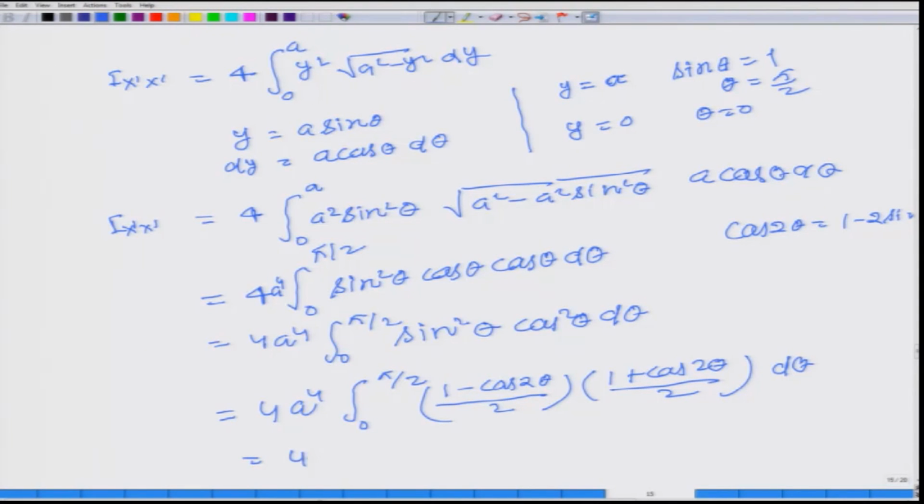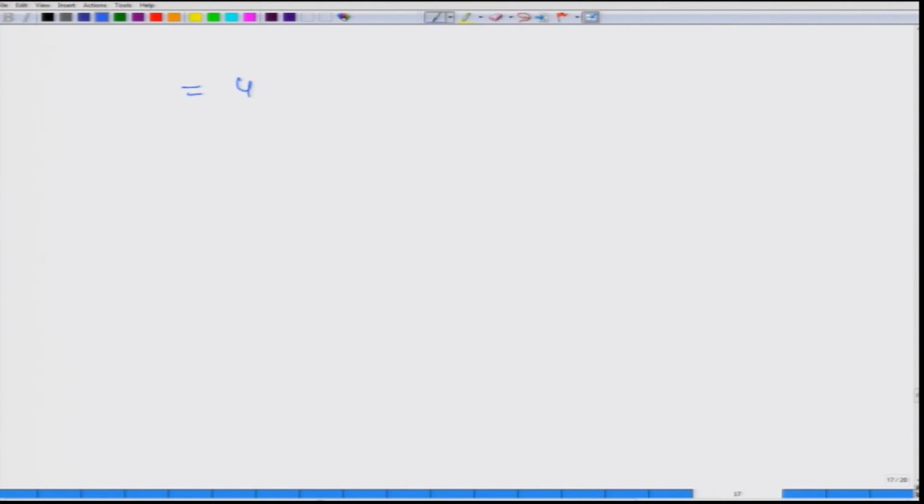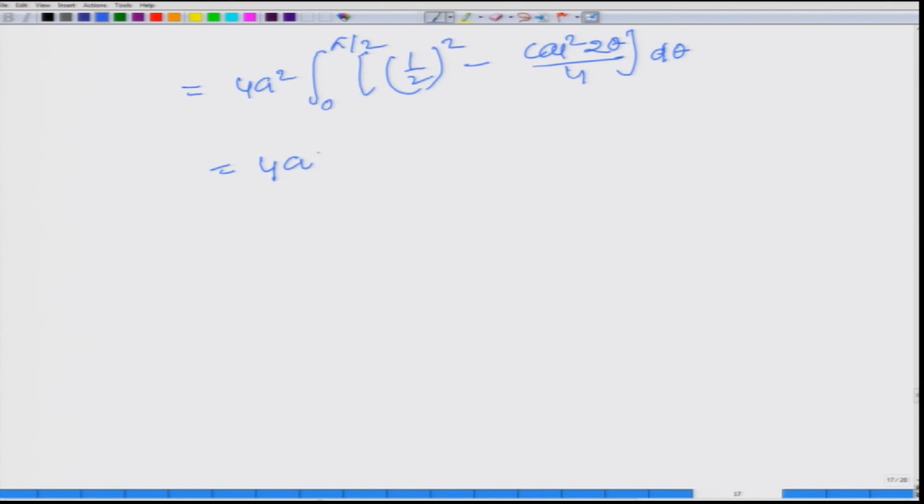So, this would be 4 a to the power 4 integral 0 to pi by 2 of the square of 1 by 2 minus cos square 2 theta by 4, into d theta.